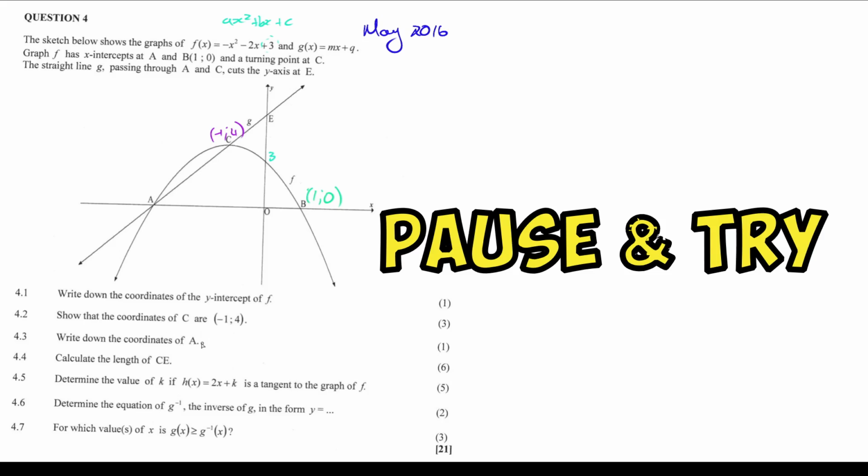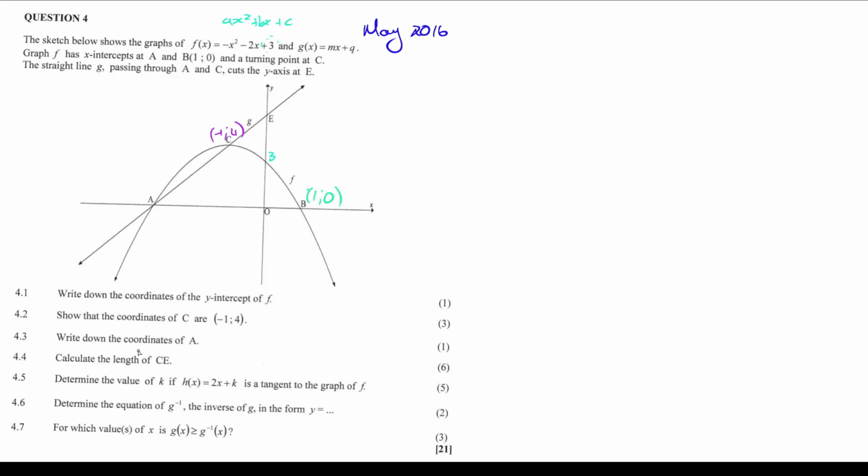You have two options here. I'm going to show you the short one and I'll show you the long one. So for 4.3, you can say this line where x equals -1 is the axis of symmetry for the parabola, which means this distance equals that distance.